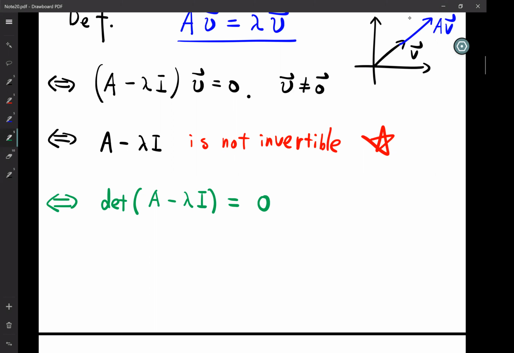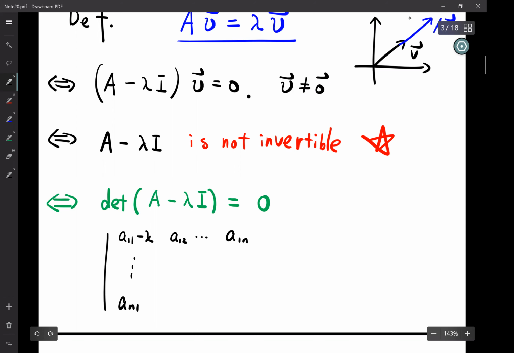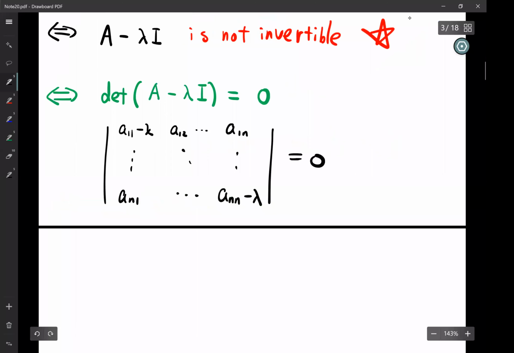I don't know yet how to find lambda, but I do know that if lambda is an eigenvalue, then the determinant of A minus lambda I should be 0. And what's the determinant? It looks like this: A11 minus lambda, A12, up to A1n, and so on, down to AN1, and so on, ANN minus lambda, equal to 0.